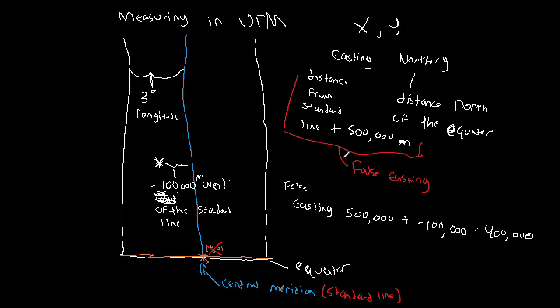What's actually being reported is a false easting, because we're adding this 500,000 to prevent negative numbers, right? I'm going to make a note of this again. We add 500,000 to each easting to prevent negative numbers.